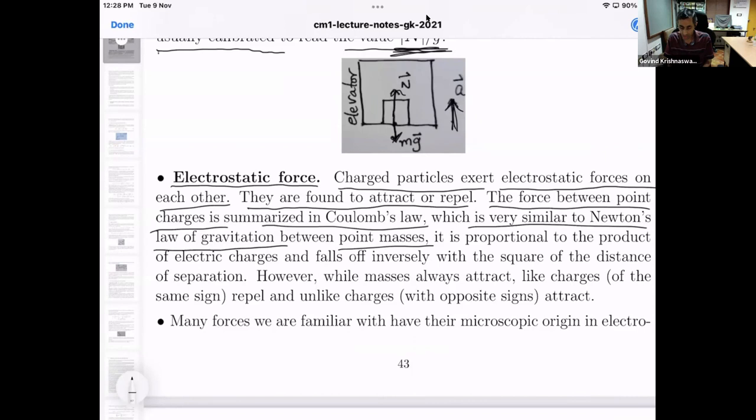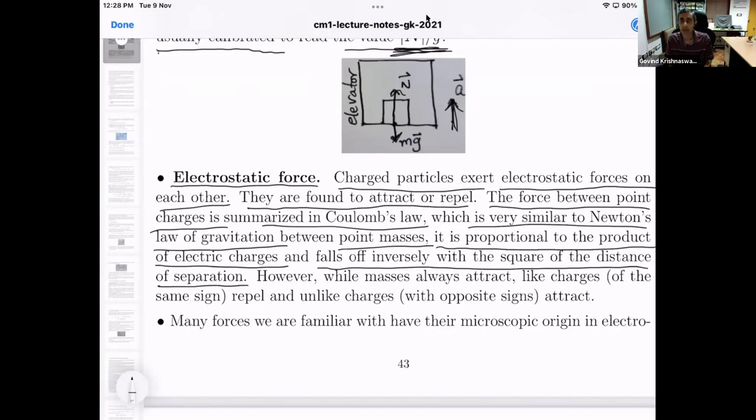Coulomb's law says that the electrostatic force between charges is proportional to the product of the electric charges and falls off inversely with the square of the distance of separation. As I pointed out, unlike gravity, which is always attractive, the electric force can be repulsive as well as attractive, depending on the nature of the charges.